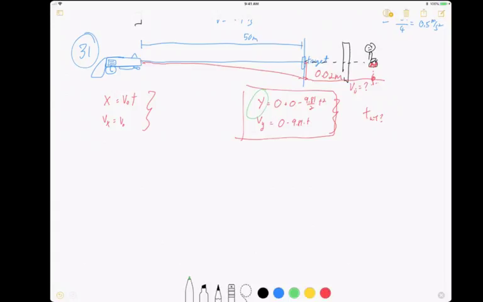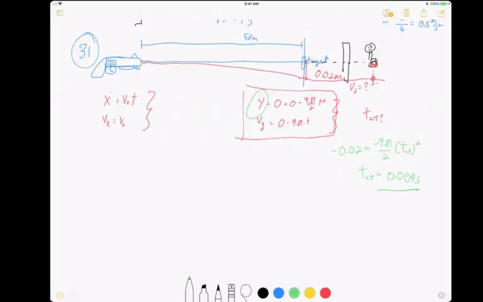So minus 0.02 is equal to minus 9.81 over 2 t hit squared. So t hit is going to be 0.004 seconds. It takes 0.04 seconds to go across.